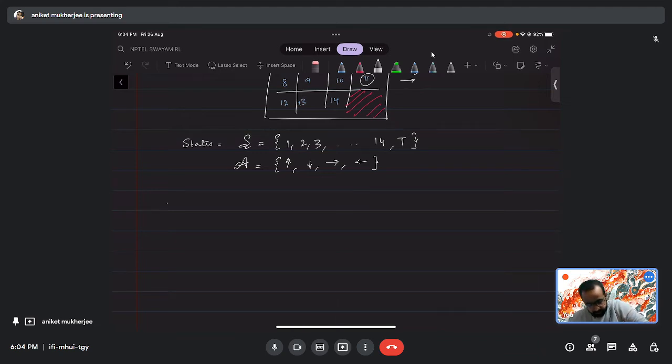Now some policy. I'll call it the equiprobable policy. So what does policy actually give you? It's action given any state, right? So action up given any state is equal to action down given any state is equal to action left given any state.